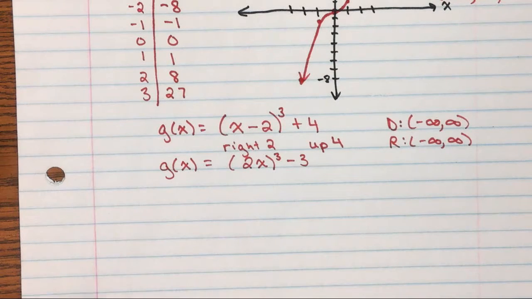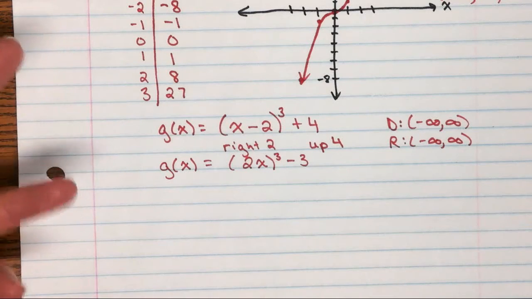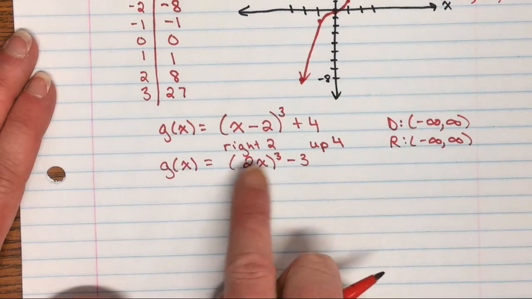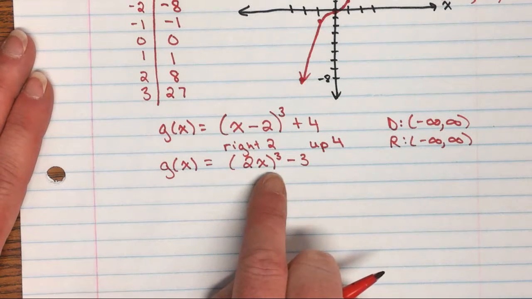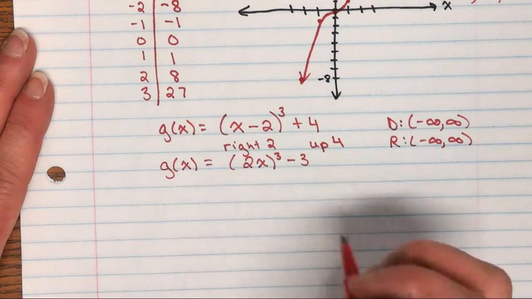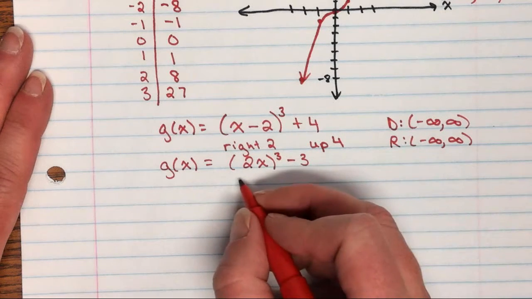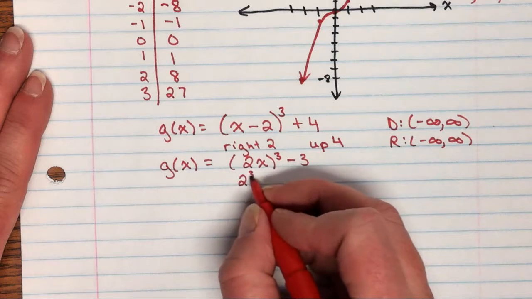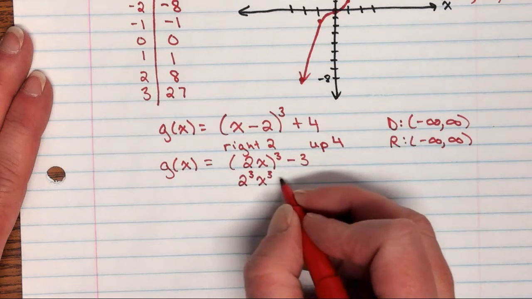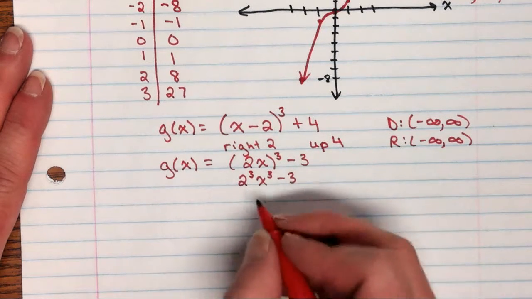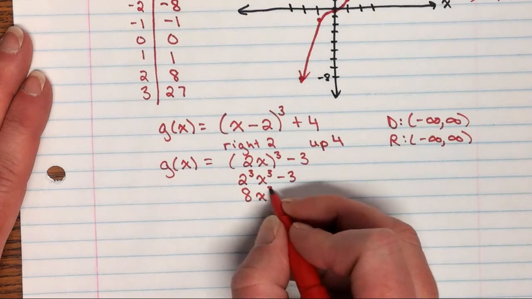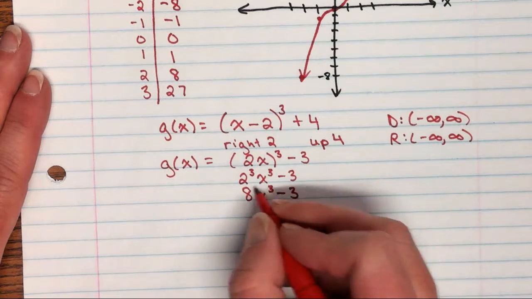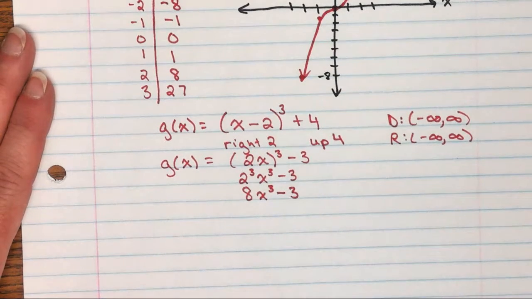Well, can I separate that out? That's really 2x times 2x times 2x. That's really 2 cubed times x cubed. Well, 2 cubed is 8. So this is really 8x cubed minus 3.